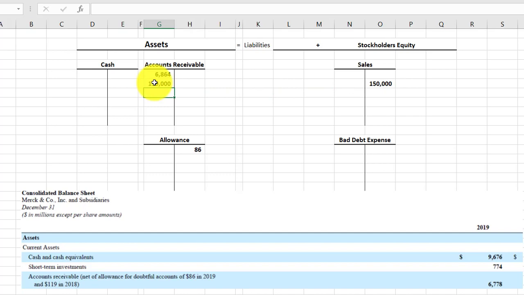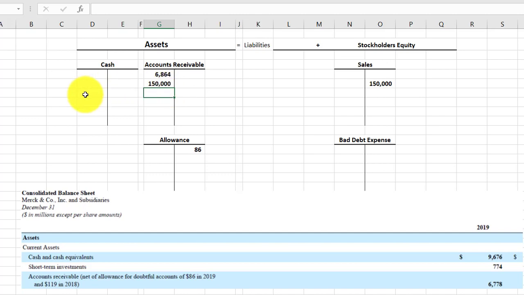That's going to be a credit to sales, debit accounts receivable, on credit. So if you want to write your journal entry, you're debiting accounts receivable, crediting sales. We'll ignore cost of goods sold for right now. Although if we were selling stuff, we would have to do that part of the journal entry as well, but because we're focused on accounts receivable right now, we're going to leave that alone.